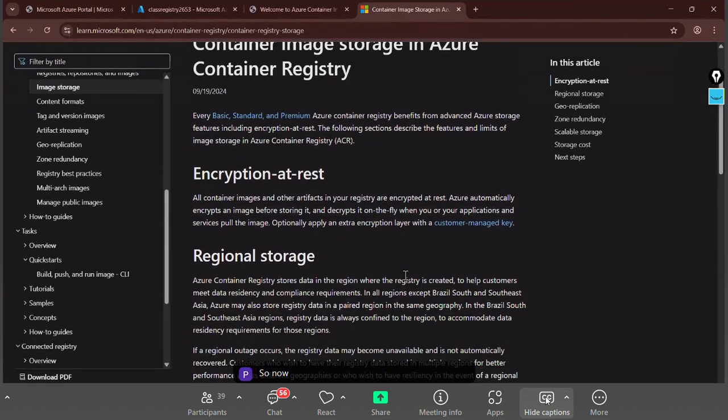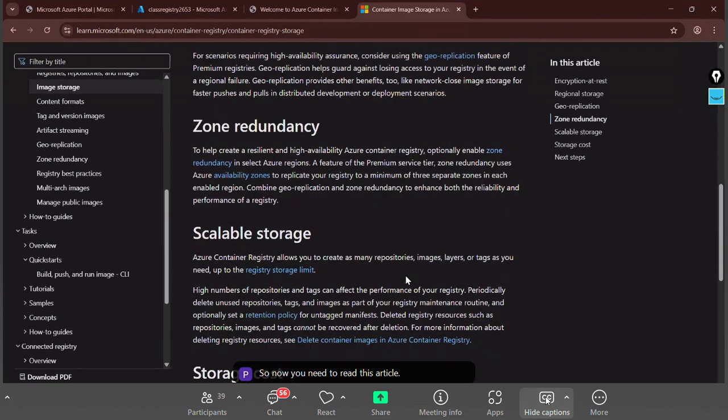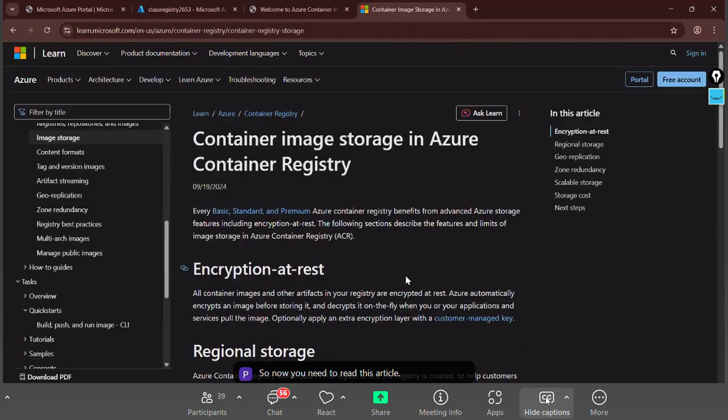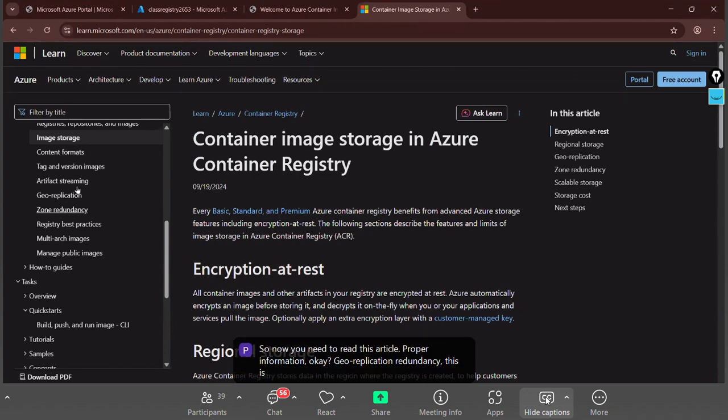Now you need to read this article if you want to get proper information. Geo-replication and redundancy, this is for multi-image archiving here.